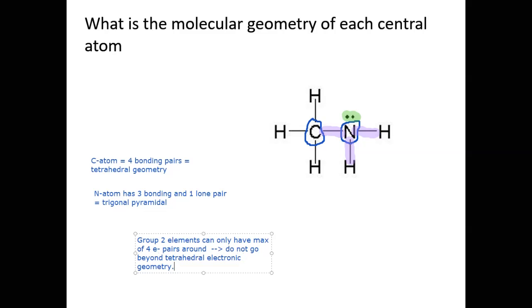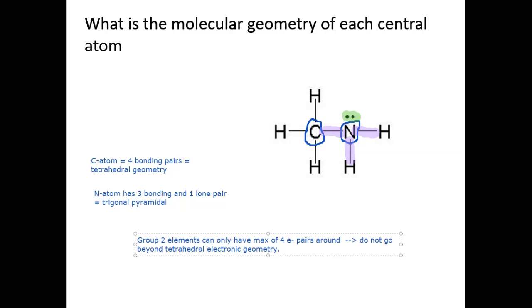So that's something to remember. With organic compounds, typically they're going to contain row 2 elements. These will not go beyond tetrahedral geometry. So that means row 2 elements can be linear, they can be trigonal planar, they can be bent, they can be tetrahedral, trigonal pyramidal, or bent. Nothing beyond that.